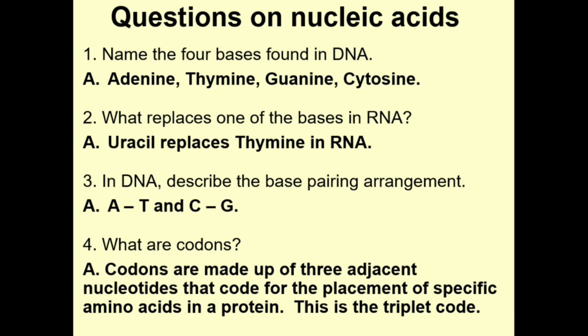And this makes up the triplet code. Now, likely you worded it slightly differently to that, but as long as you came up with something similar, so codons are part of the triplet code. They are made up of 3 adjacent nucleotides in DNA and RNA, and a single codon codes for the placement of a particular amino acid in a protein.